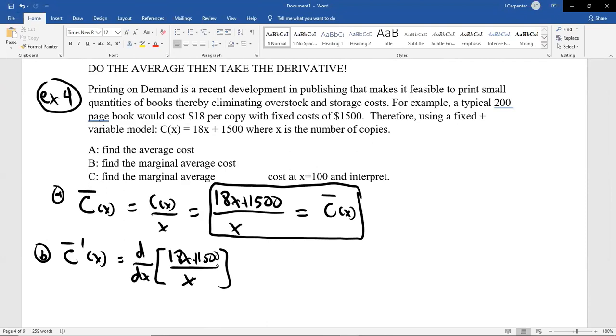That's fine, but it's also not the easiest way to do it. So I want to show you a special scenario here. Because the denominator is just x, it's not x plus 5, it's not x squared minus something, it's just a single term, we can skip the quotient rule.